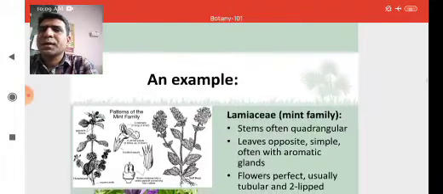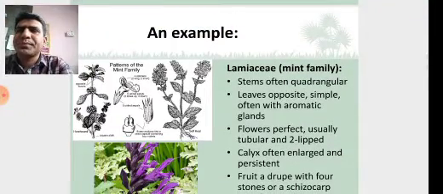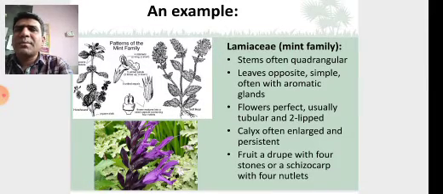Next, for example, when we take mint, it is of the Lamiaceae family, and it has 5 special characters. Stems often quadrangular, leaves opposite, simple with aromatic glands, flowers perfect, usually tubular and two-lipped, calyx often enlarged and persistent.